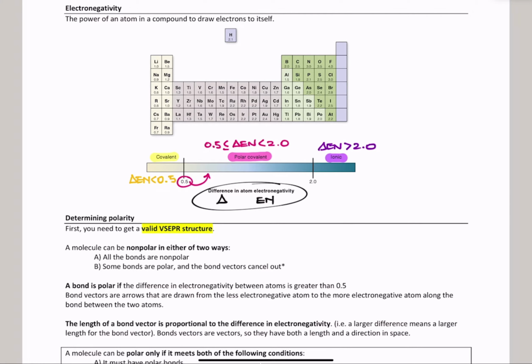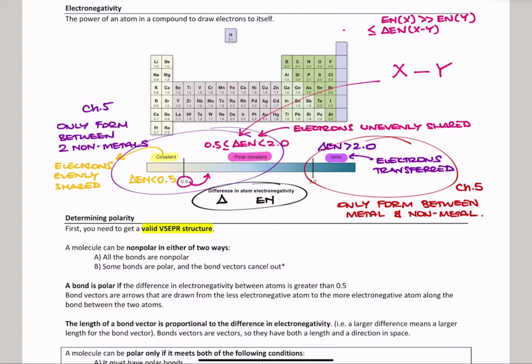How do we represent a polar bond? Imagine that I have an atom X and an atom Y. If the EN of X is greater than the EN of Y, in the case where my delta EN between X and Y is greater than 0.5 and less than 2.0, then I have what is called a polar covalent bond.